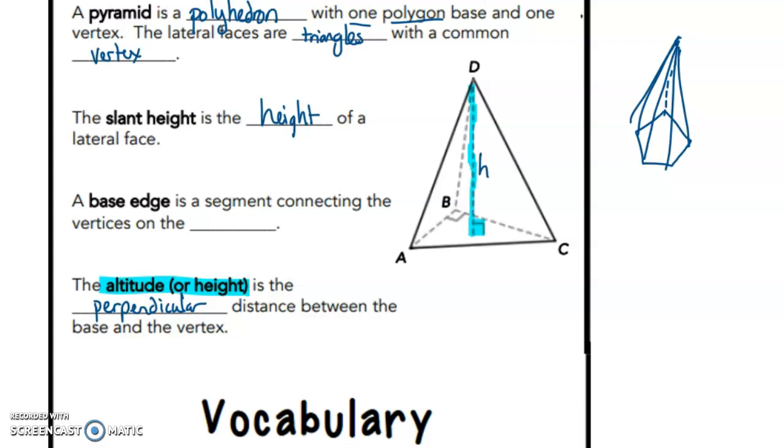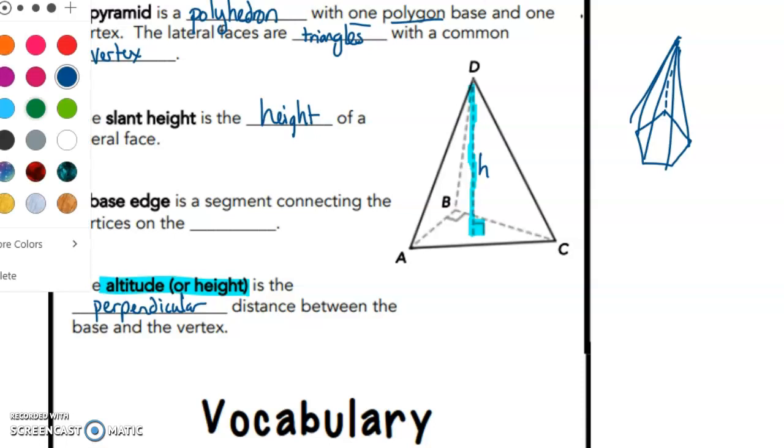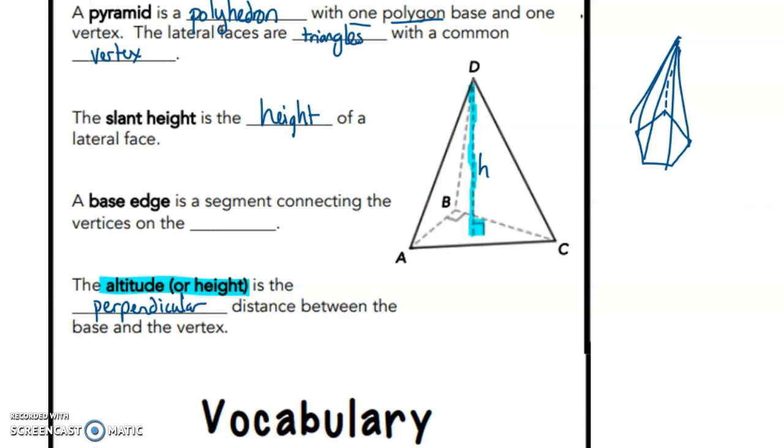Call that H. Now, your slant height is the height of a lateral face, like the height of this triangle right here. L is the letter we use for slant height. So, for example, if you took this triangular pyramid, let me try to draw that.